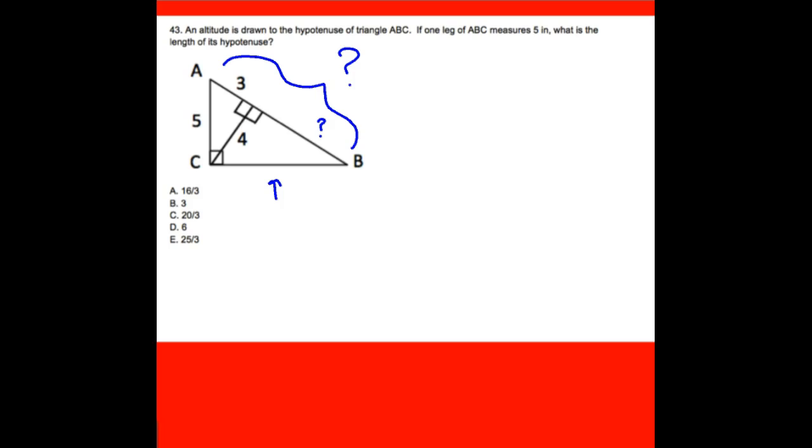And what I'm going to do is set up a proportion where I set corresponding sides equal. So let's find some corresponding sides here. I have the short side on this red triangle, which is 3. And I also know the short side of this blue triangle, which is 4. So I'm going to say short side to short side, red to blue, has to be equal to, and again, I don't really care what this is.